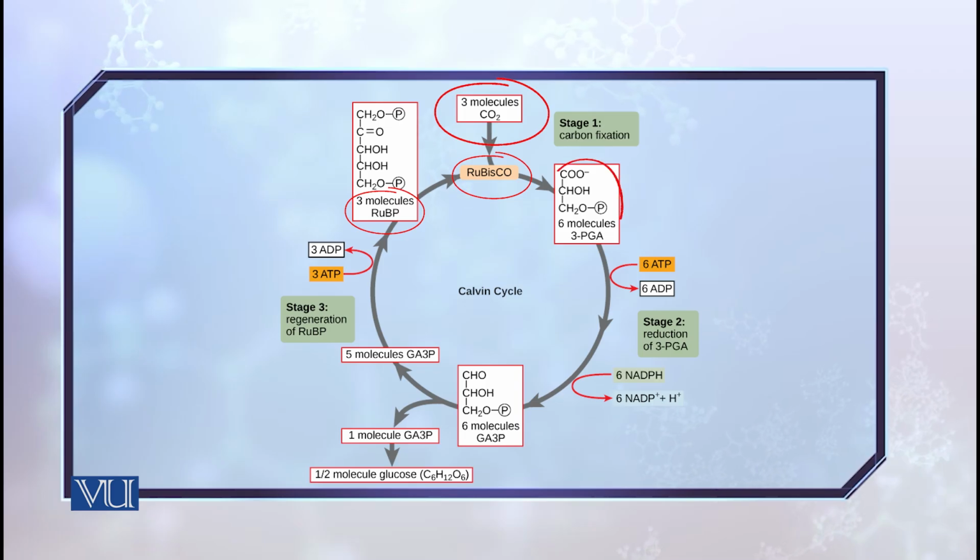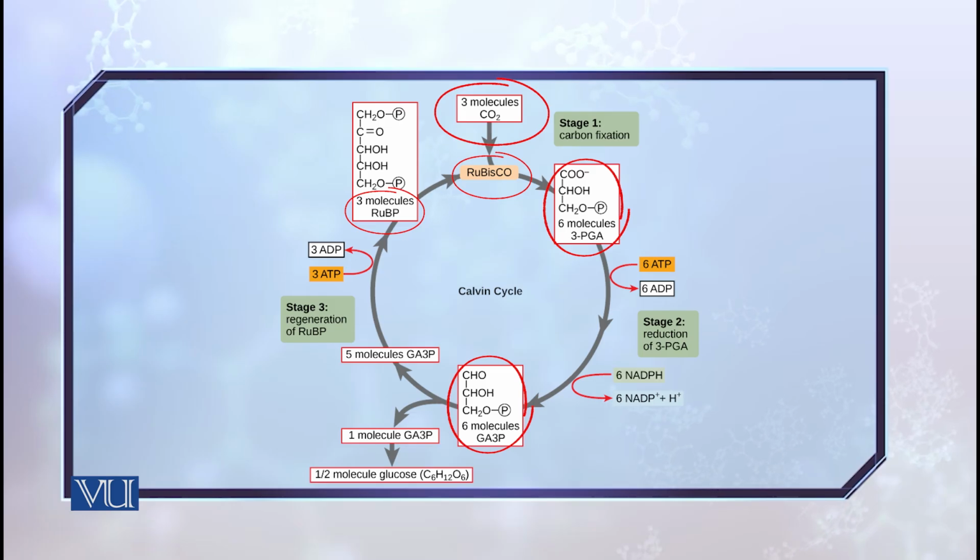You get 6 molecules of phosphoglycerate. Then after using the energy you get from the light reaction, that is ATP and NADPH, you get 6 molecules of G3P, that's glyceraldehyde 3-phosphate.